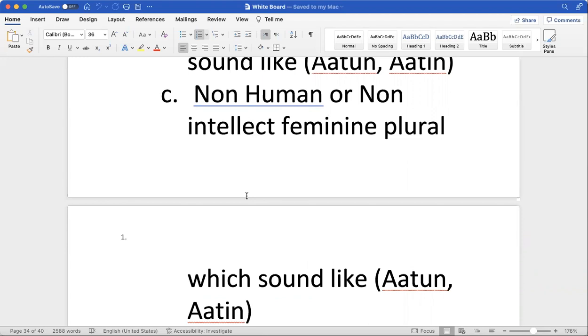The best examples I can give you are samawatun, sayaratun. Samawatun means skies. Skies are not in the category of intellect or human, but it ends with atun or atin sound. So it is a non-human or non-intellect feminine plural, and it goes back to the Muslimatun chart.